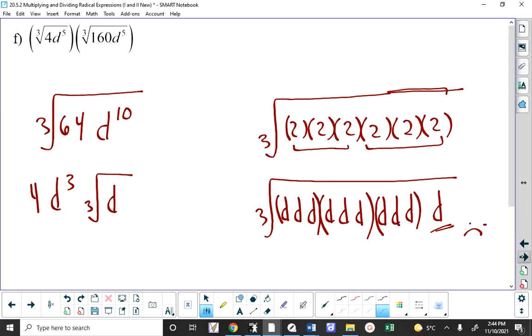What I'm doing is I'm looking at the number 10 and saying 10 divided by 3 gives me 3. So I'm going to have a D cubed outside because I have 3 groups of 3. And I have a remainder of 1, so I have 1 left over inside.